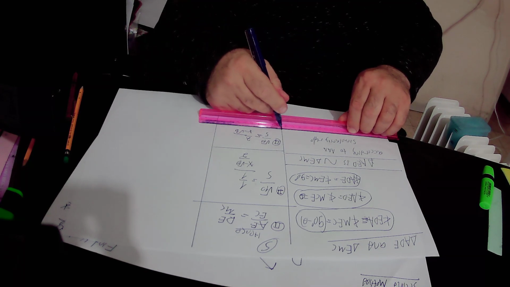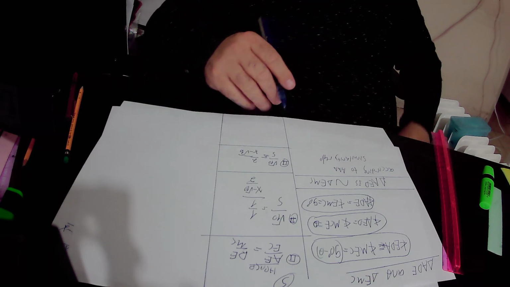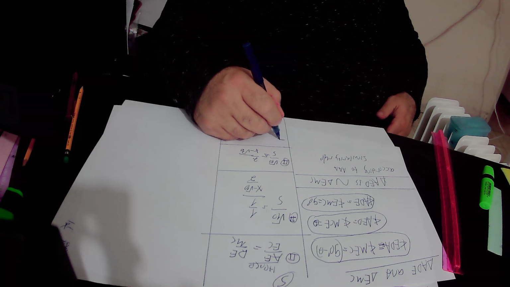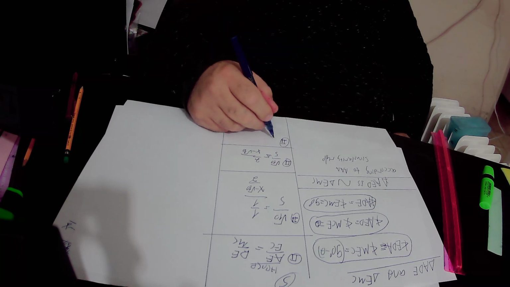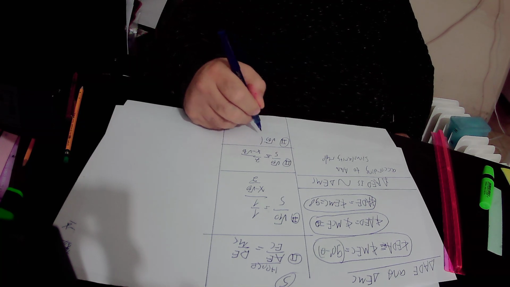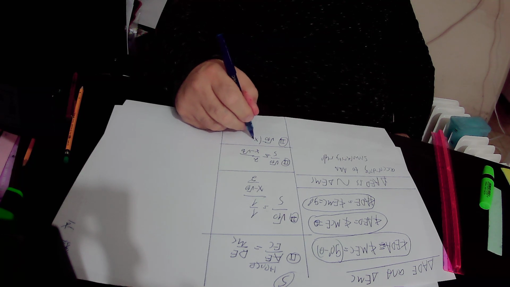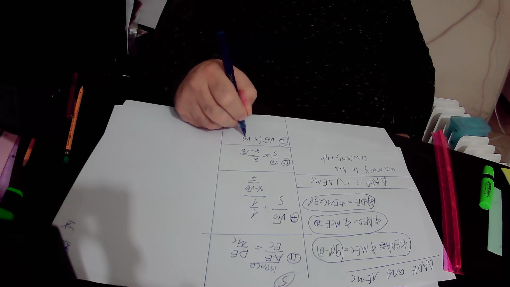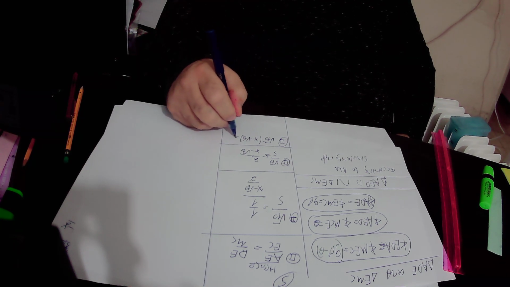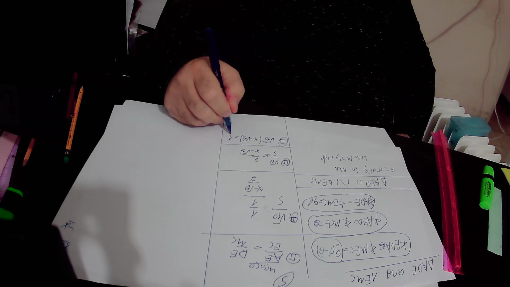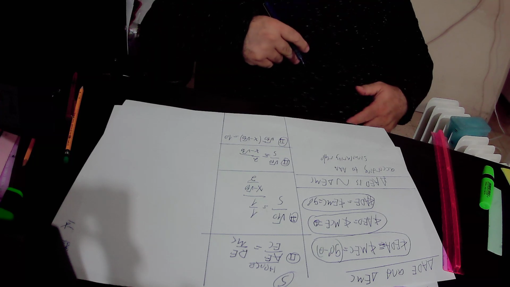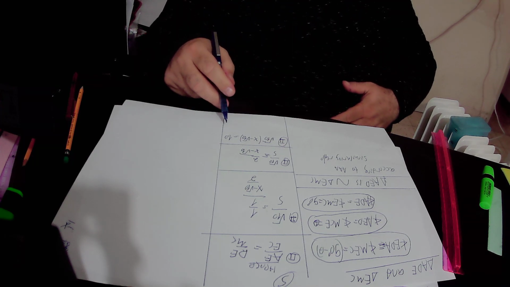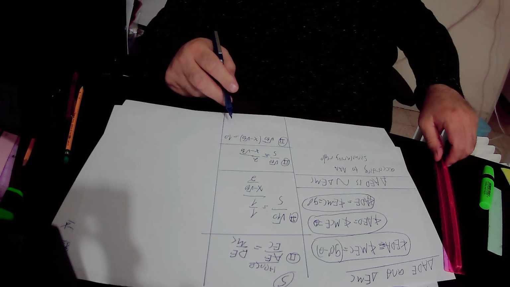Here we cross multiply, and we get that square root of 10 times (x minus square root of 10) equals 2 times 5, which is 10. Here we'll substitute 10 by square root of 10 times square root of 10.